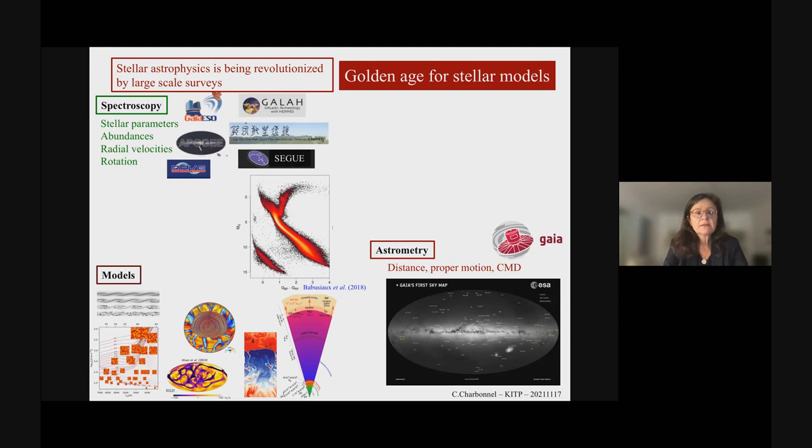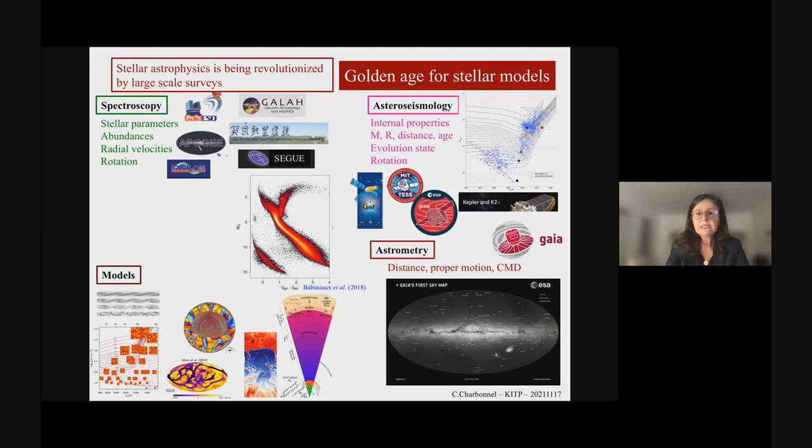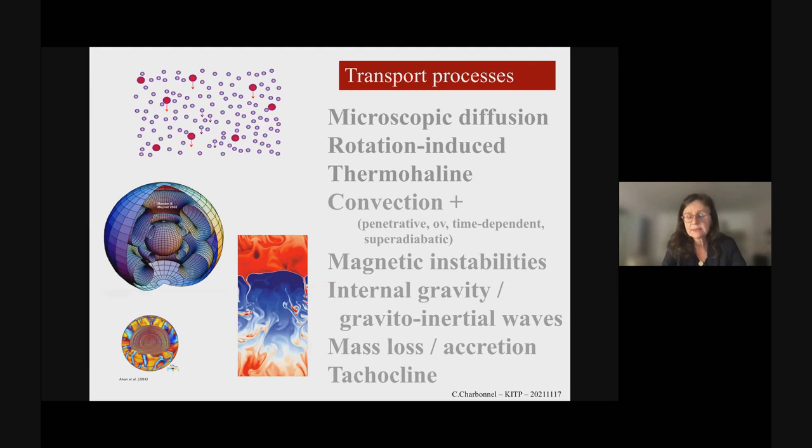Spectroscopy, which is very often affiliated to Gaia, so the Gaia-ESO survey, GALAH, etc., all these surveys that provide stellar parameters, abundances, etc., for 100,000 stars in a consistent way are very, very important. Asteroseismology also provides some important clues on the internal properties of the star, the internal rotation, but also the mass, etc. And spectropolarimetry, which I won't touch much in this talk, is also important to have clues on magnetic field and rotation in stars of different types.